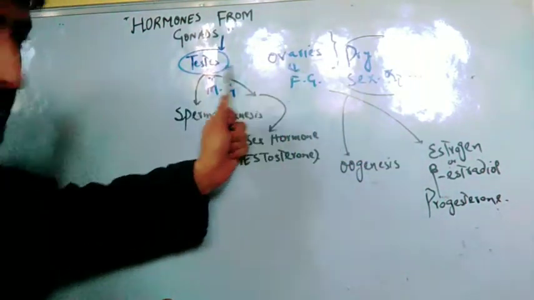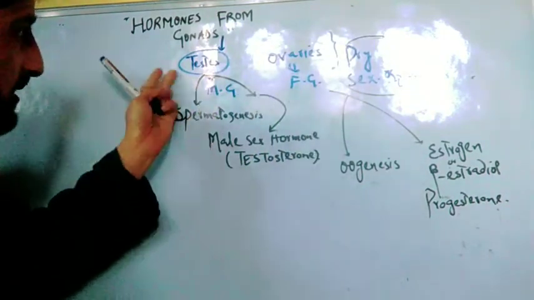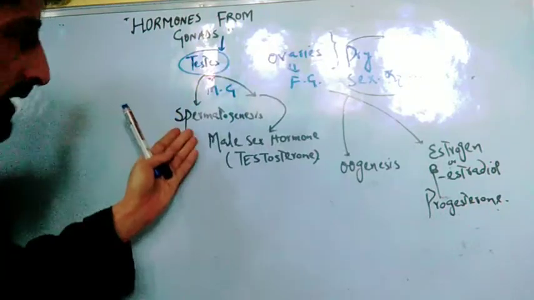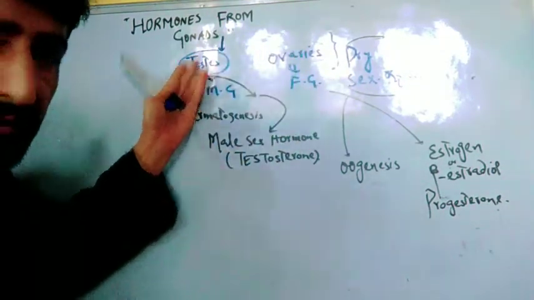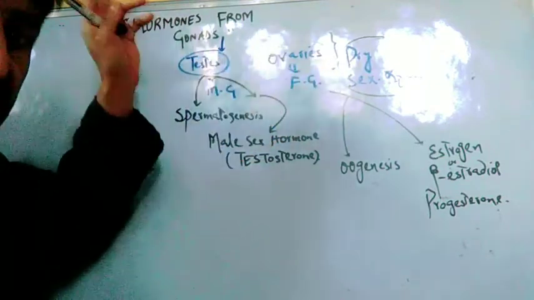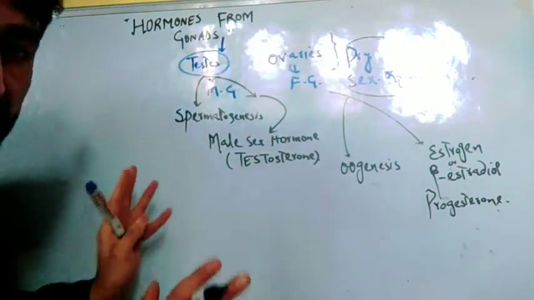So, as far as testicles and ovaries are concerned, they are reproductive structures, also known as primary sex organs, male primary sex organ, female primary sex organ, responsible for spermatogenesis and oogenesis, responsible for formation of sperms and formation of eggs simultaneously. These two structures also have an endocrine role.